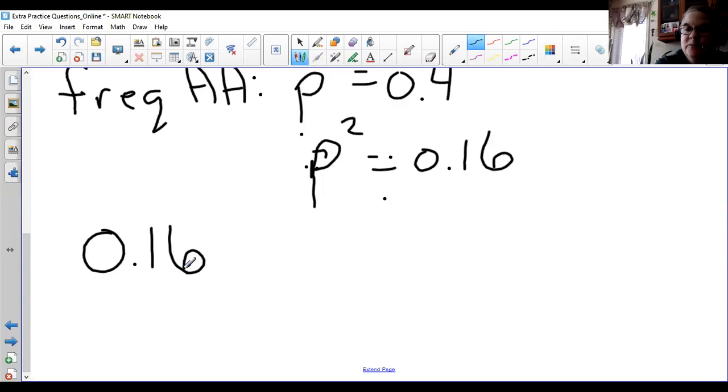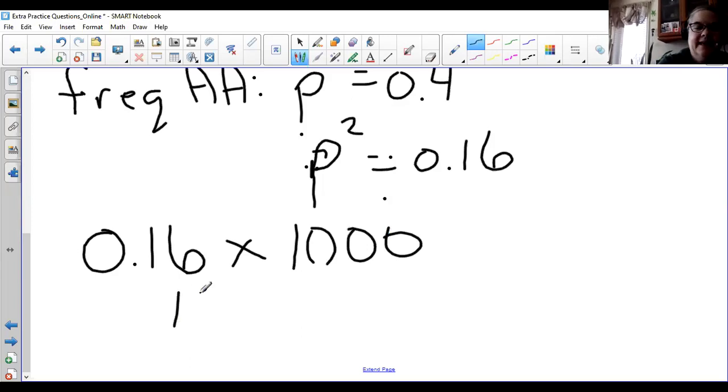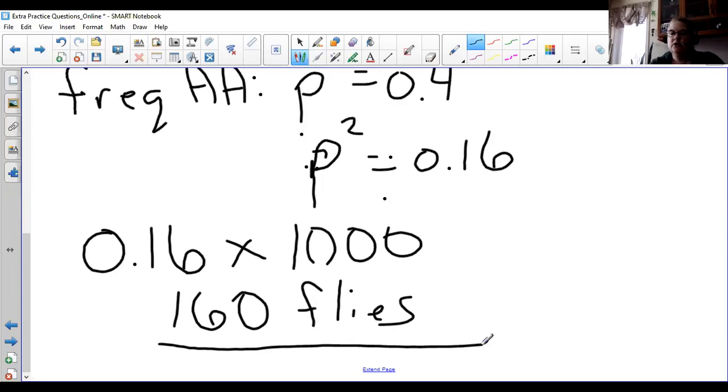I'm going to take my 0.16 and I'm going to multiply that by my population size of 1,000. And I get 160 flies. Okay, so 160 flies are homozygous dominant. Okay. All right, any questions about how we did that?